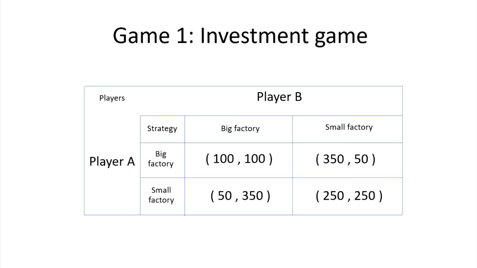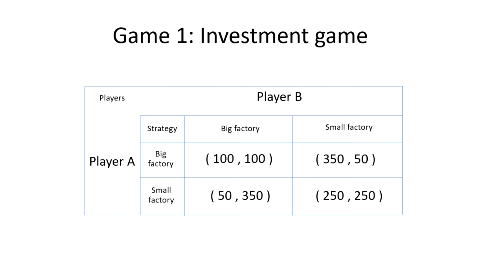You may think of a better payoff, 250 and 250, if both build the small factories. But it is not the equilibrium of the game. Why? Because A has the dominant strategy to build a big factory, and B also has the dominant strategy to build a big factory.